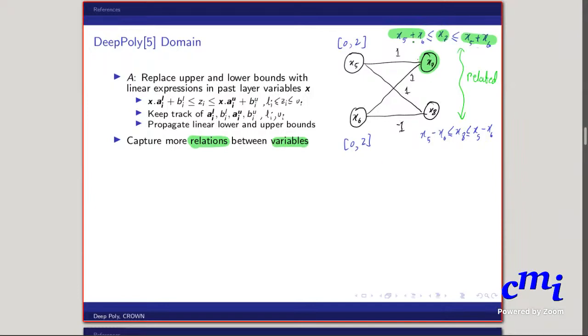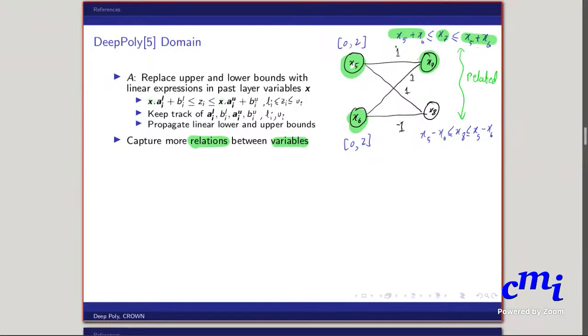So we can say that the value of x7 is basically just between x5 plus x6 and x5 plus x6. So it's almost trivial. It comes directly. And if the variables that you're taking are x5 and x6 themselves, then over here directly you're done.